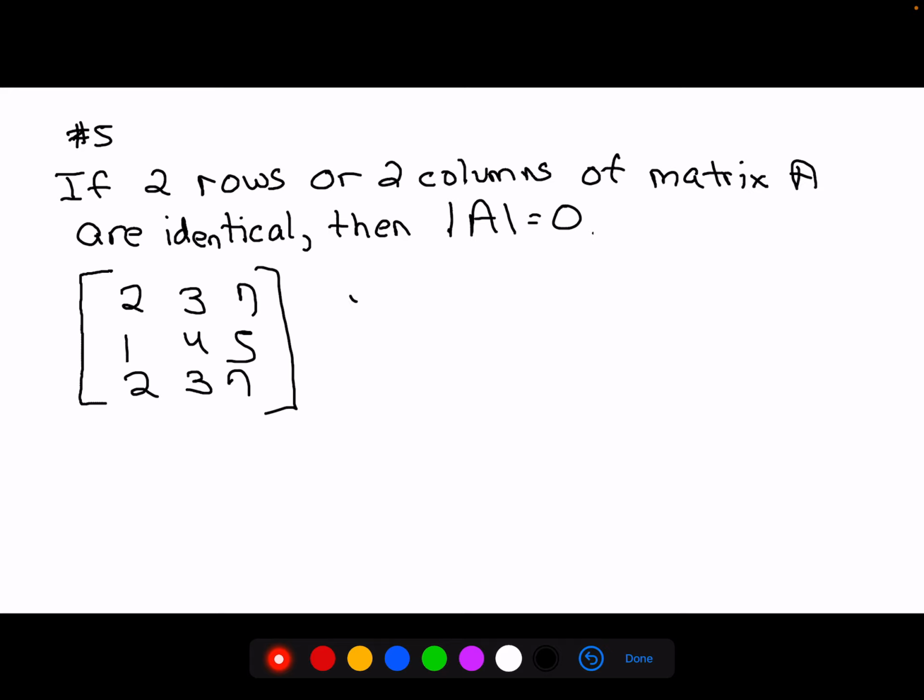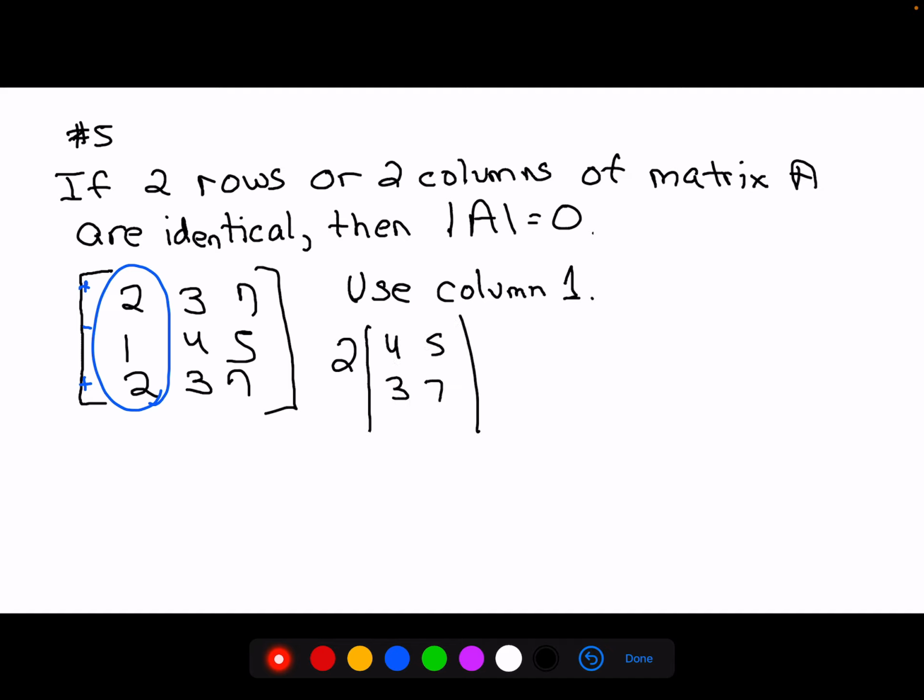I'm going to go ahead and use column 1 to find the determinant. So I've got to remember my signs: plus, minus, and plus. So I'm going to have 2, then the determinant of 4, 5, 3, and 7, minus 1, determinant of 3, 7, 3, 7, plus 2, determinant of 3, 7, 4, 5.